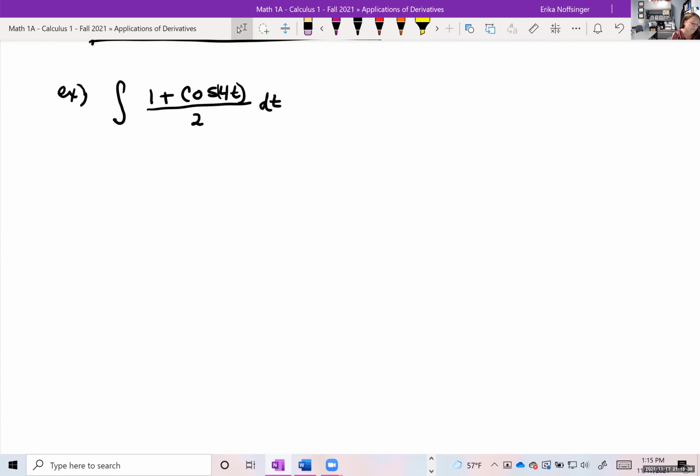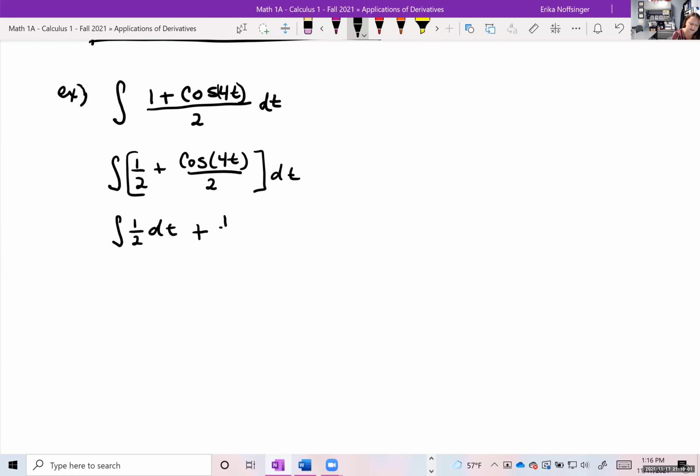So let's rewrite it first. That would give us the integral of (1/2 plus cosine of 4t all over 2) dt. So we're looking at the integral of 1/2 dt plus, if we want to, we can bring that 1/2 out of the integral, 1/2 times the integral of cosine of 4t dt.